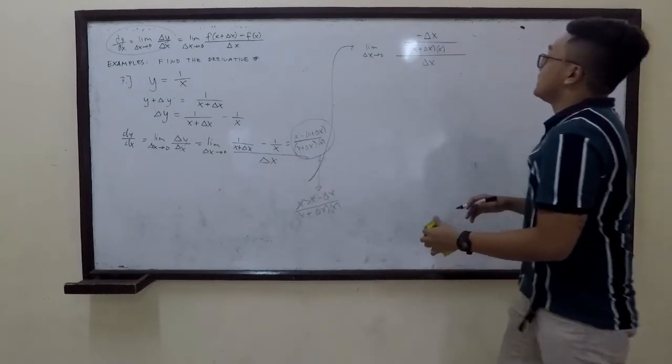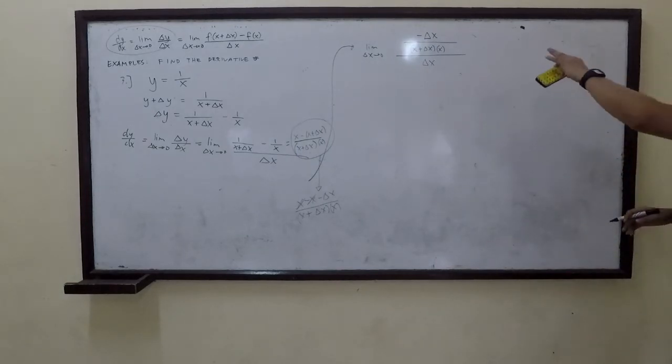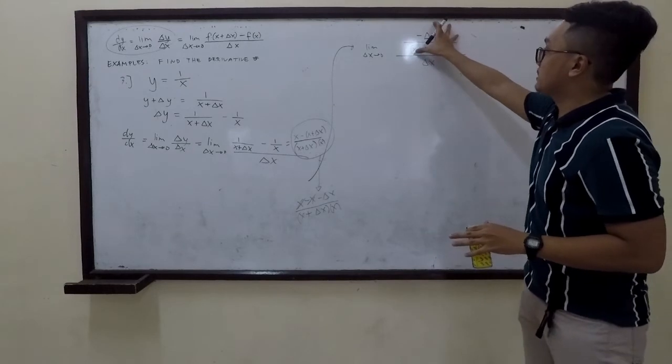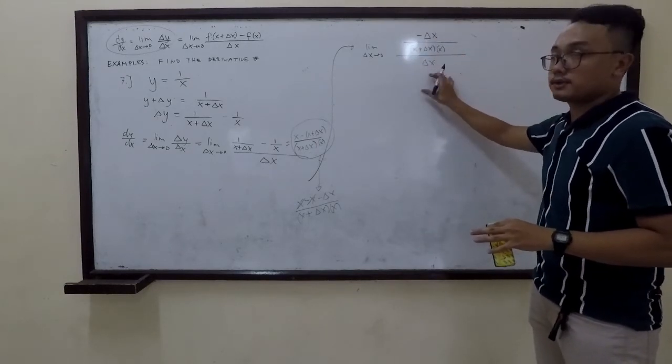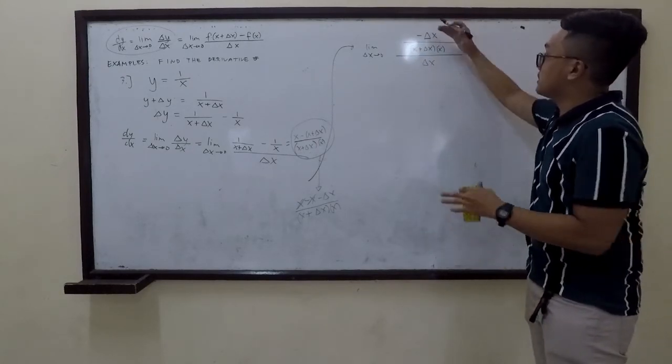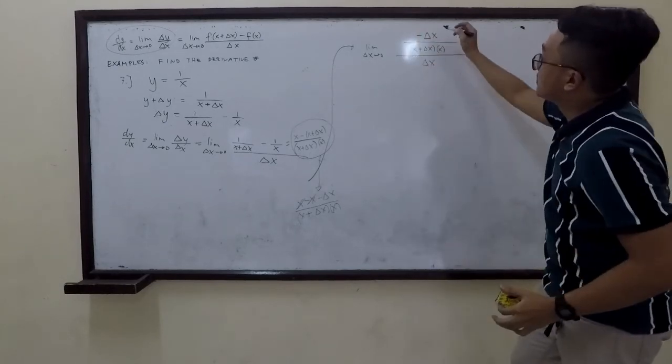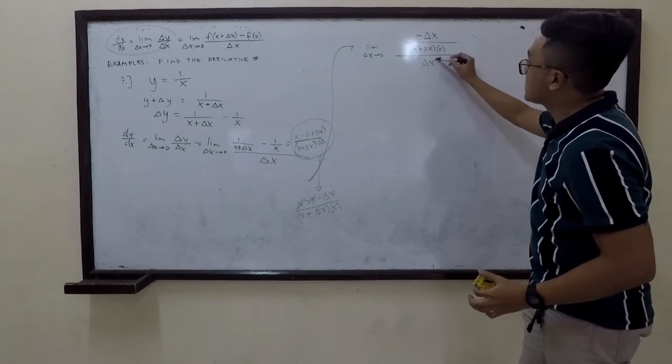Okay? So this is a fraction divided by delta x. So the numerator of the fraction and the denominator of the whole, cancel na ito.